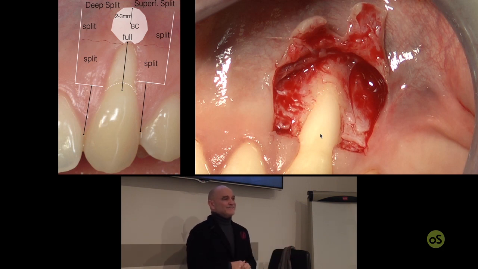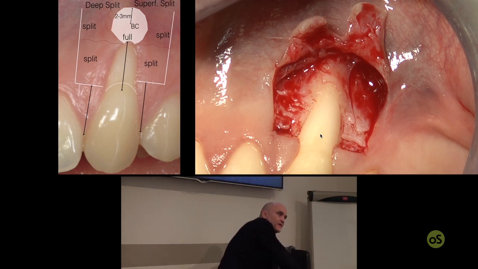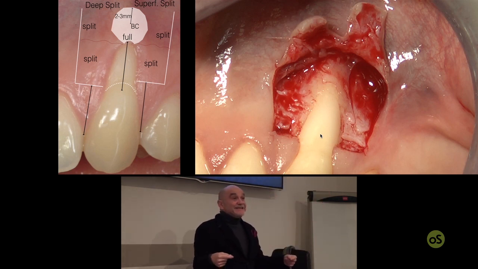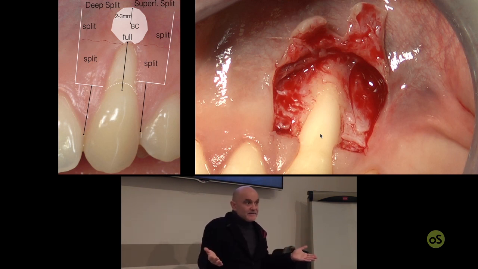So the problem of the epithelium is blocked, and now we need time, we leave time for the periodontal ligament cells to colonize. It's obvious that the larger the root is, when we have a very large root or a very prominent root, the distance that the periodontal ligament cells have to cover to colonize the entire root is longer.